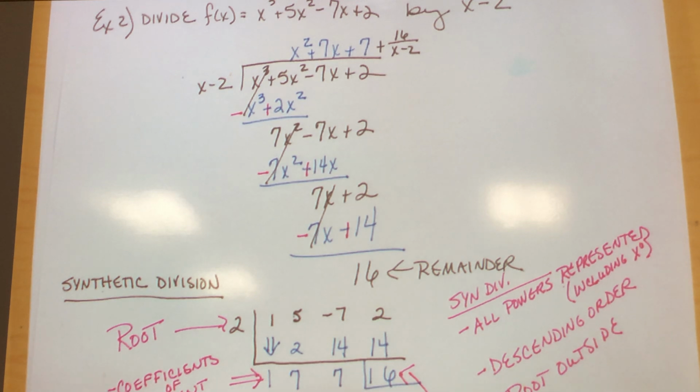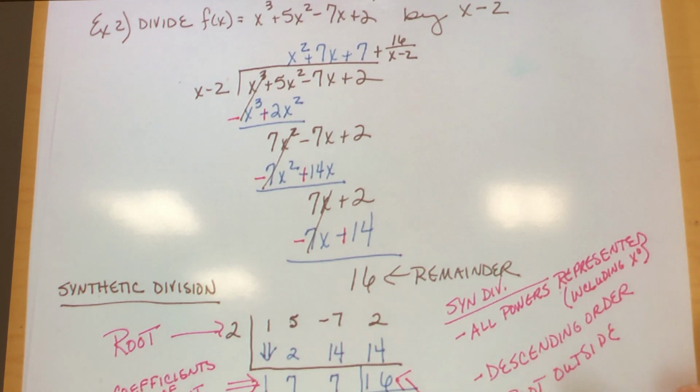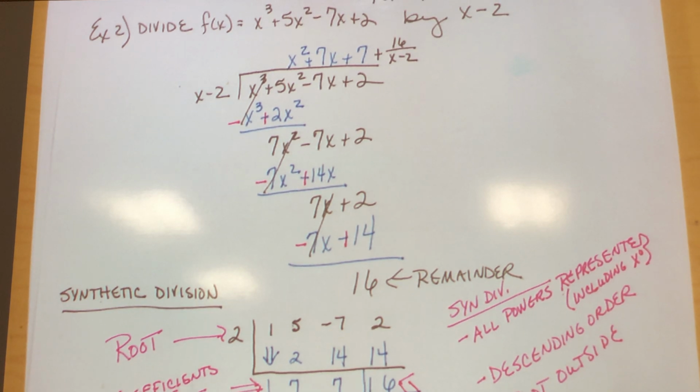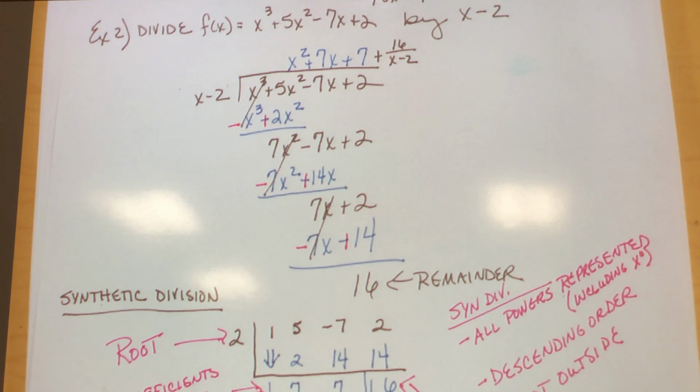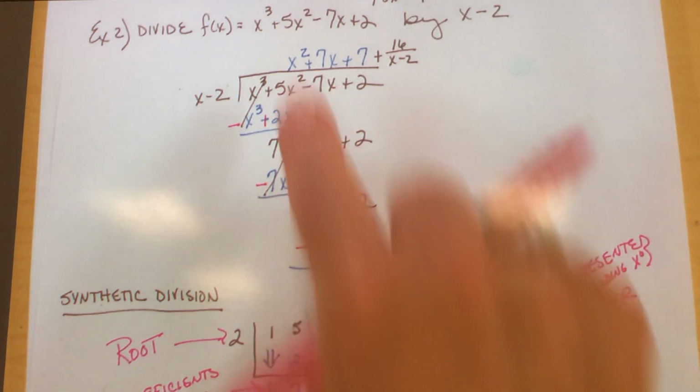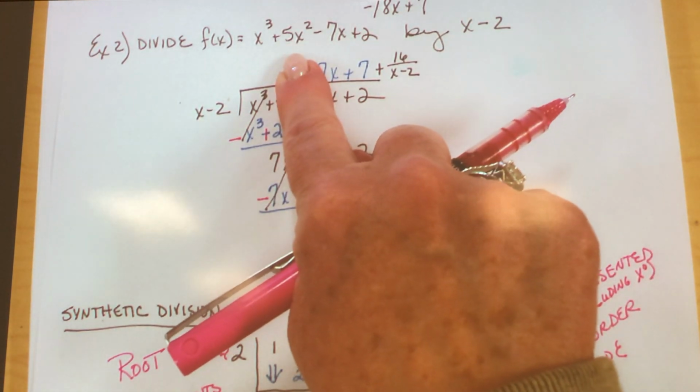Okay? How do I know what power to start at? Can't you just count back from the bit? Yeah, that works, and the reason that works is only because you have to have zeros in missing places. But I want to know why you should always know what this is without counting backwards. I would take a guess. Yeah, it's 1 degree less than your dividend, 1 degree less than what you started with, what you were dividing into.